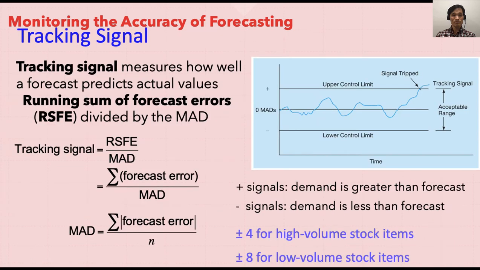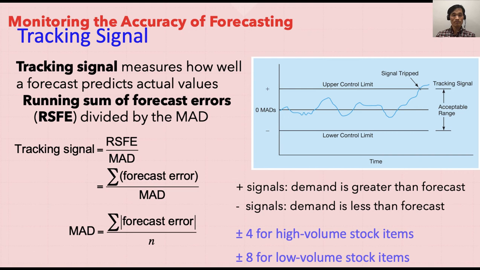Another thing that you want to look at is tracking signal. After you choose a certain forecast model, you should still be able to tell whether this model is working or not, because sometimes changes happen and it goes out of your boundary, and those are something that you did not expect before, and you should be able to tell when that is happening. At that time, you are going to be using this tracking signal, defined as the running sum of forecast errors divided by MAD.